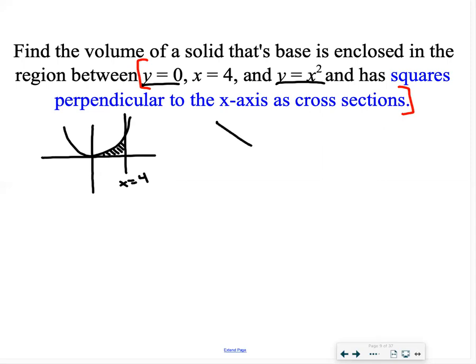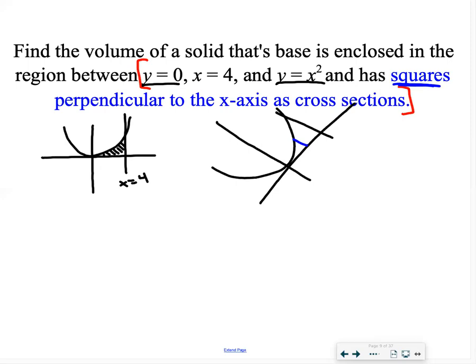Again, apologize for my artistry, but if I were to draw this in 3 dimensions, and we're not going to do this for every example, but I'll just show you at the start what this all is, I would be drawing it like this. Now what it's telling you is to cut this cross section with squares.